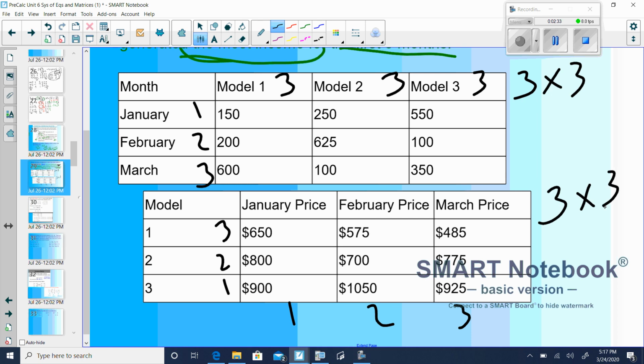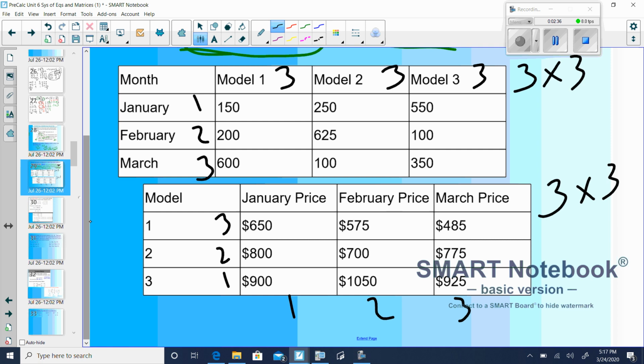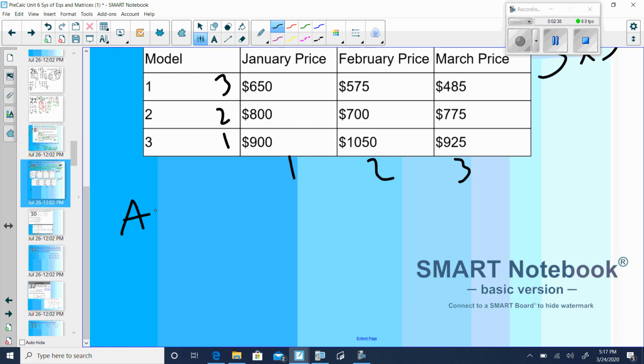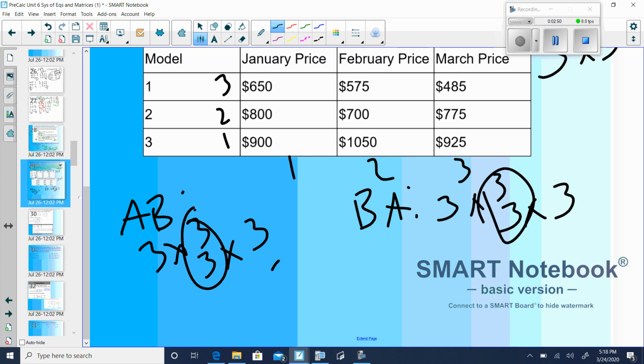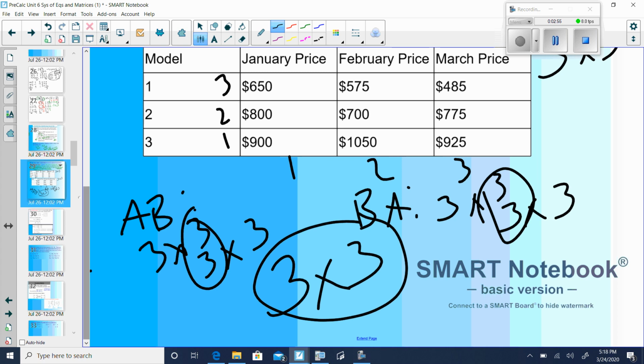So what's going to happen here, and I hope that you see this right now, guys, whether we do A times B or whether we do B times A, our answer is going to yield a 3 by 3 matrix.